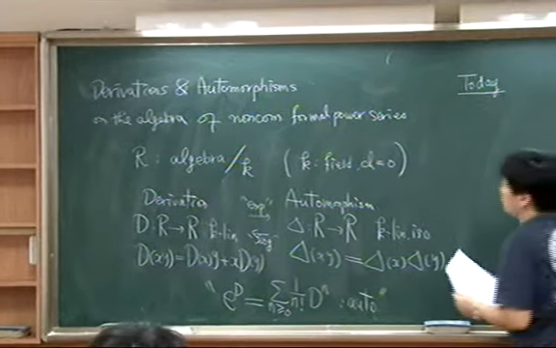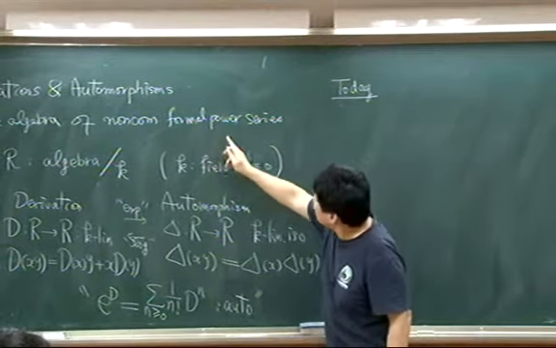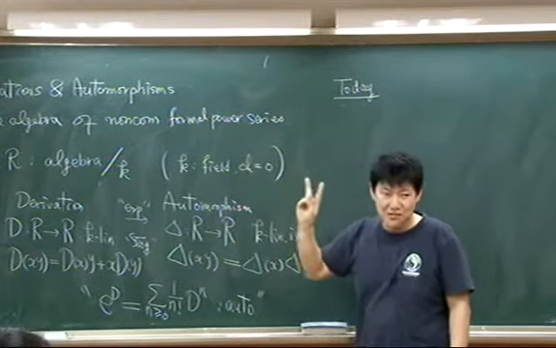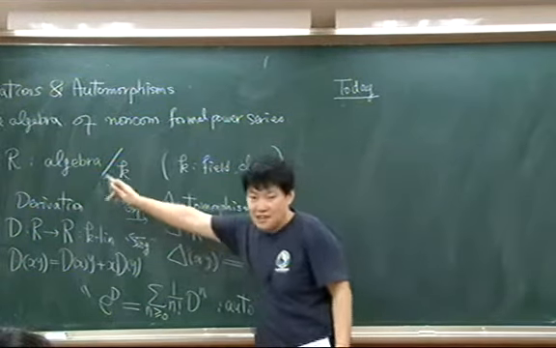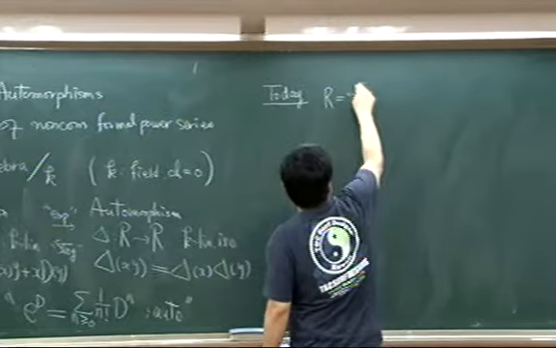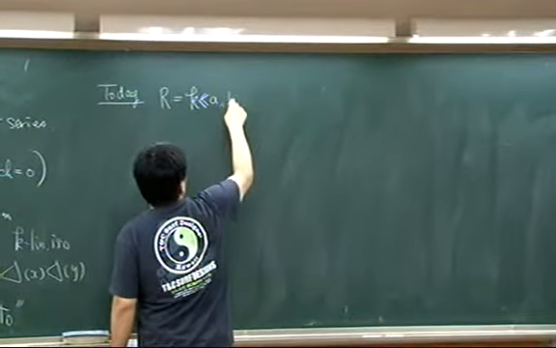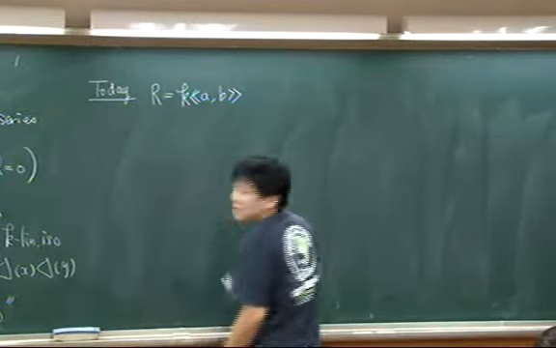Today, I want to choose the algebra of non-commutative power series in two variables as R. So usually the algebra is denoted by this symbol.